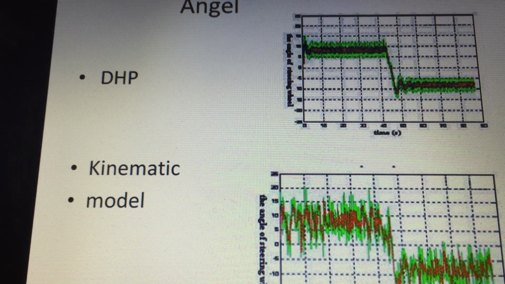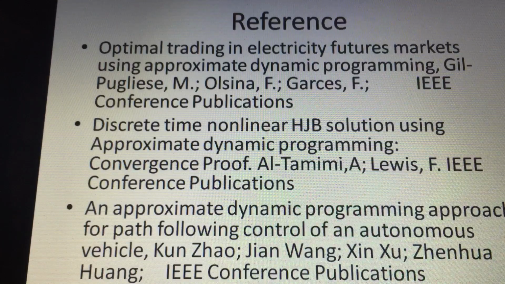So the conclusion is that even though we use DHP, when the vehicles are interacting with the environment, the realization is more complex than we expected in the lab.